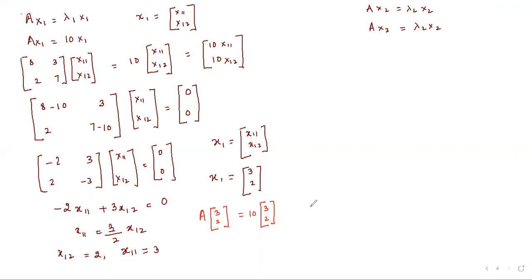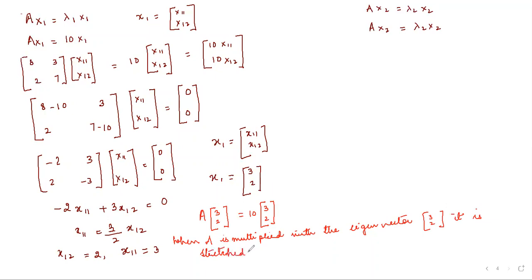That means when A is multiplied with the vector, the eigenvector 3, 2, the eigenvector is stretched 10 times.